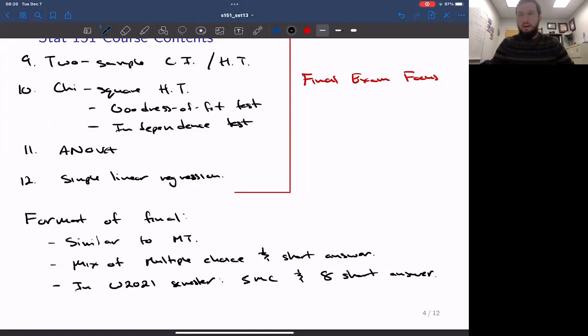I don't have the exact format of the test yet. I still have to tweak it, but the last time I gave a final in this class, I had 5 multiple choice and 8 short answers. So it'll be something in that range, but it's not going to be exactly the same. I might have a few more multiple choice this time around, maybe 1 or 2 fewer short answer, that sort of thing. So it's not an exact number, but this is how it was set up in the last iteration.